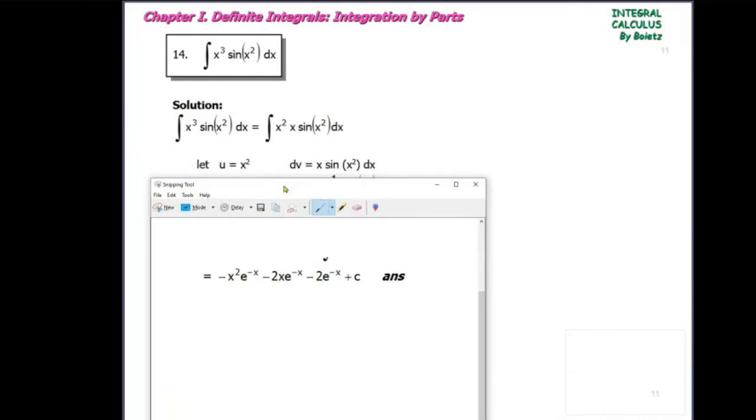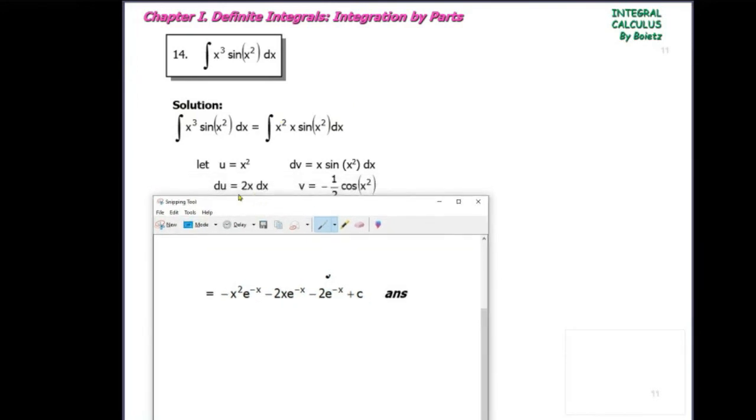Then let u is equal to x squared. Then du, so ito, your u is equal to x squared. Then itong x sine x squared dx is equal to dv.